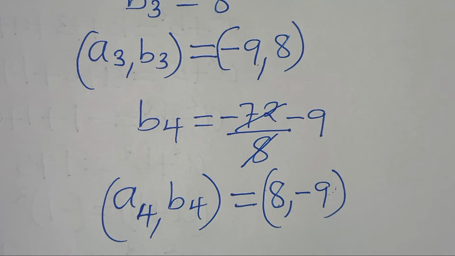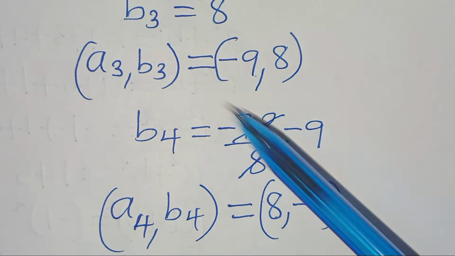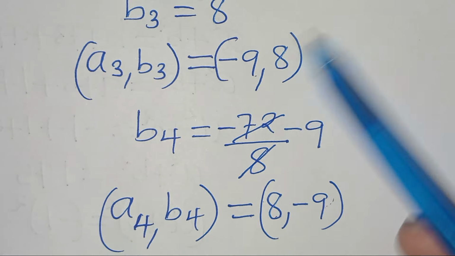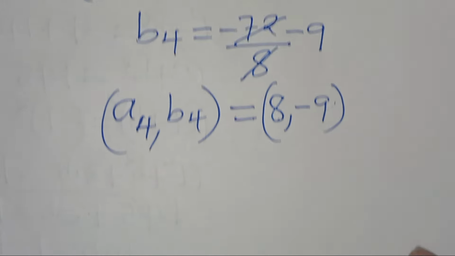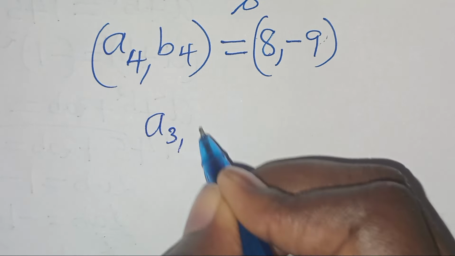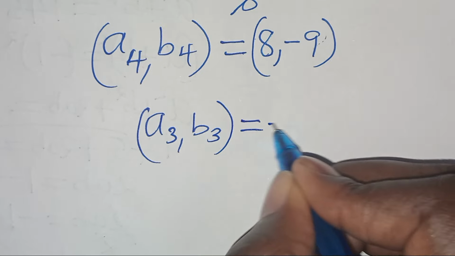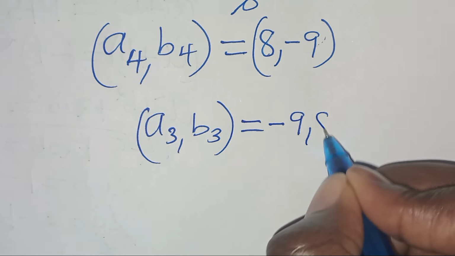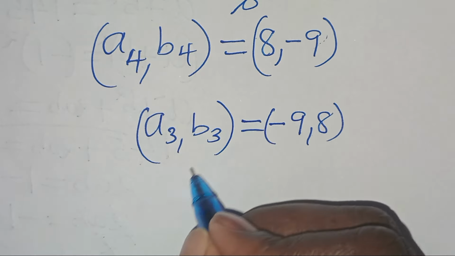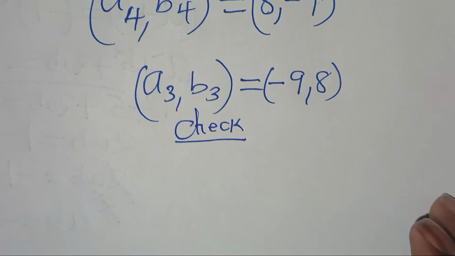So in this case, we can verify. Let's verify with a3, b3, which is minus 9 comma 8. Let's check if this satisfies the equations.